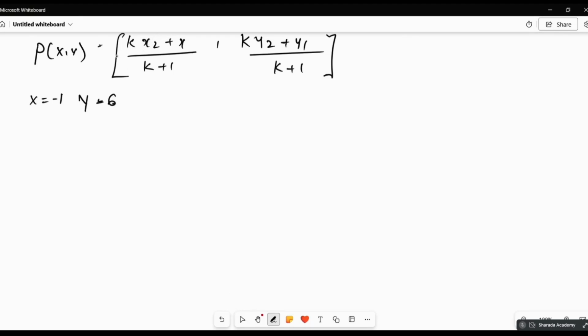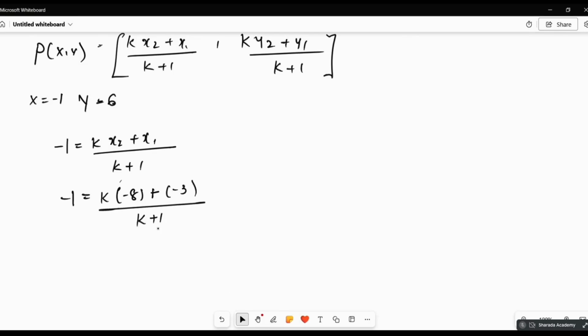So minus 1 is equal to K into X2 plus X1 by K plus 1. Minus 1 is equal to K into what is X2 here?